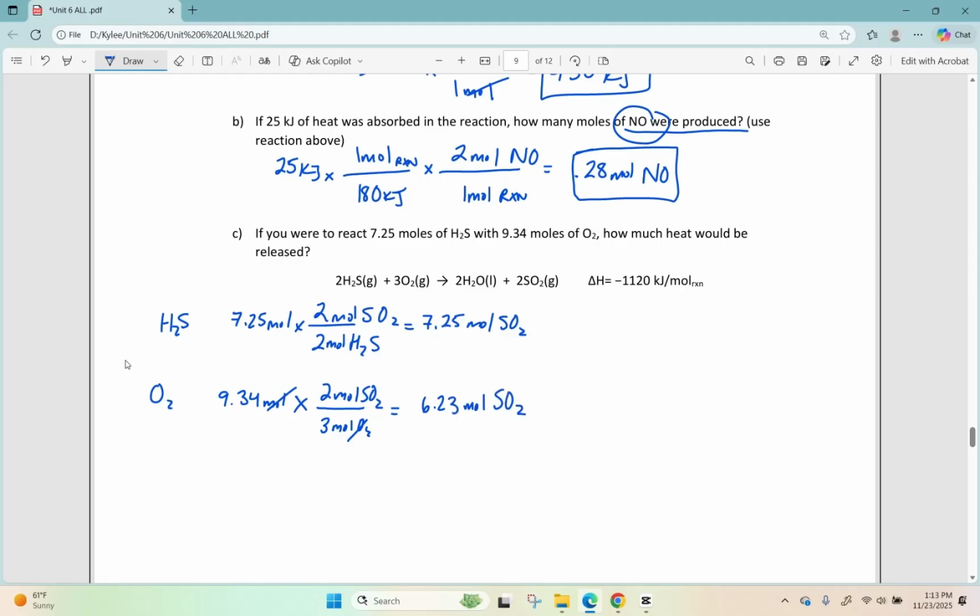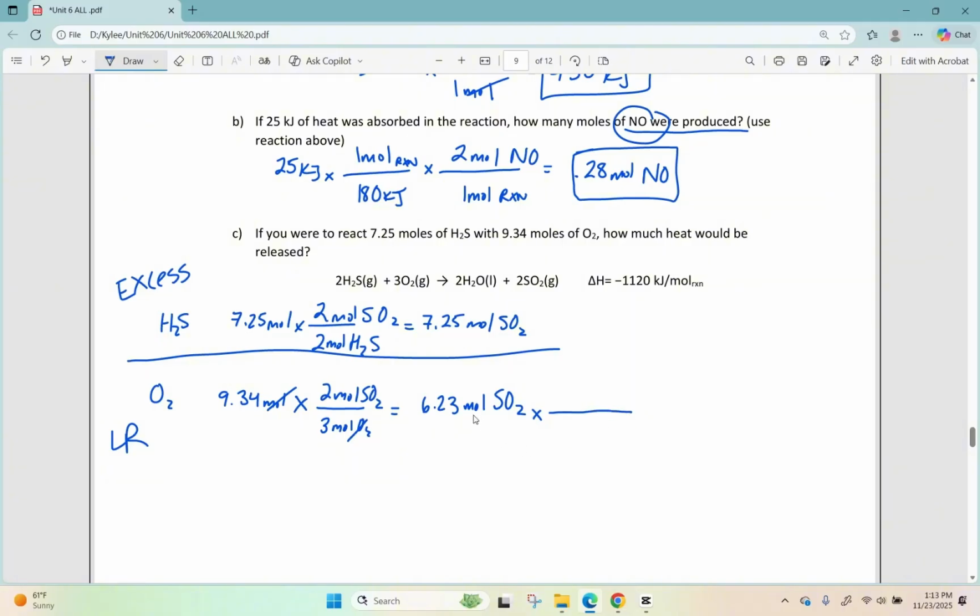So by doing that quick calculation, it tells me that H2S is actually going to be my excess, which means I need to base all my calculations off of oxygen being the limiting reactant here. I know that my limiting reactant is going to get used up first, and the maximum amount of SO2 it can make is 2 moles.